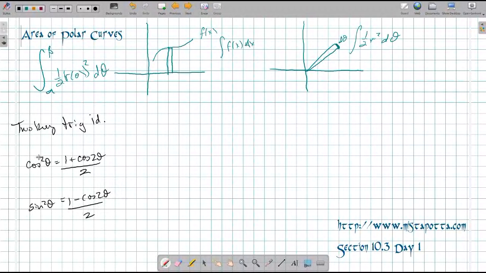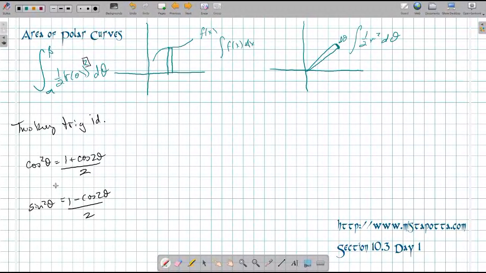And I need to know these trig identities because since I'm going to be squaring something that involves sine and cosine, I'll need to find some way to kind of reduce the degree of that. So my quadratic cosine and my quadratic sine become linear in cosine.